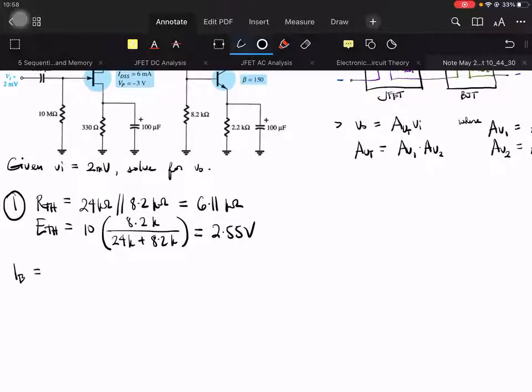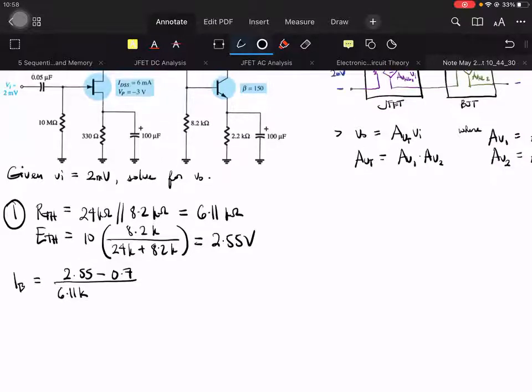Therefore, IB is equal to ETH minus VBE 0.7. I hope wala pong nakalimutan ng mga processes. RTH is 6.11K plus beta. What is beta? 150.